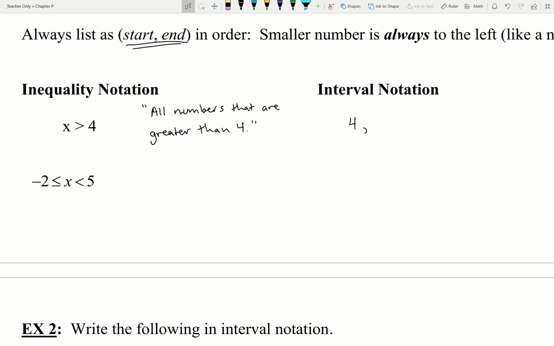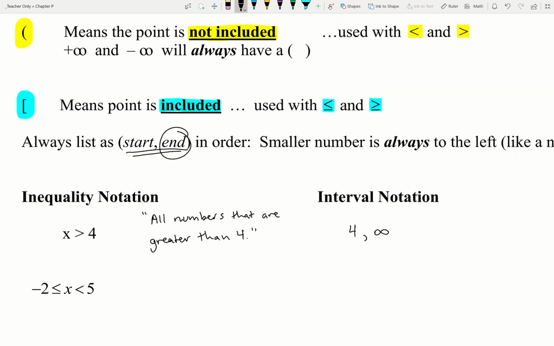So this is going to go all the way out to positive a billion, positive a trillion, etc. These are all numbers that are greater than 4. So what we would say here in the interval notation is that for my ending number, I'm just going to say that this list ends at positive infinity because it keeps going and going and never ends, okay?